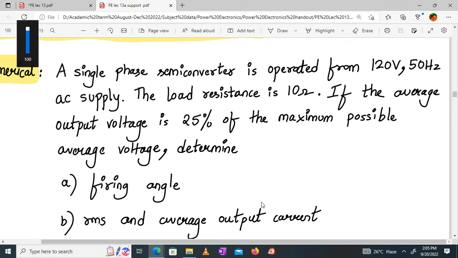The load resistance is 10 ohms. This means it is a semi-converter with a resistive load. Now further, if the average output voltage is 25% of the maximum possible average voltage, determine the firing angle. Then B part, RMS and average output current.